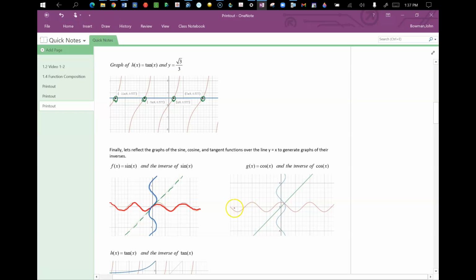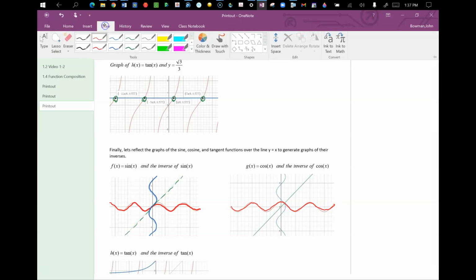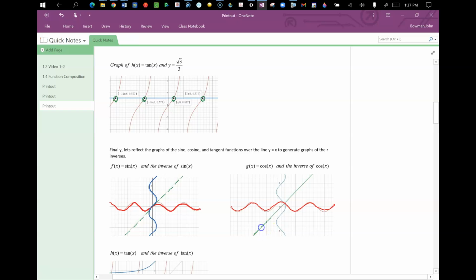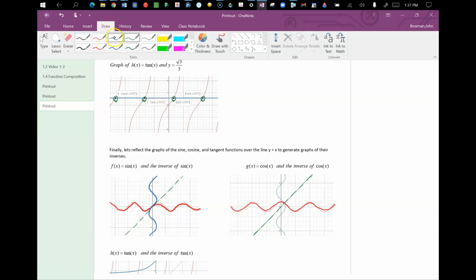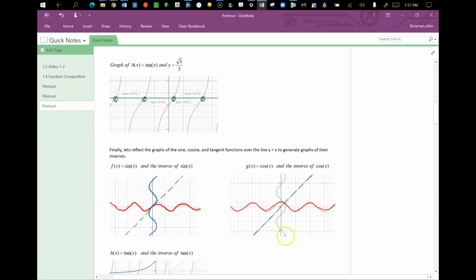If we trace out the cosine function in red, and then reflect that over the green line, y equals x, we will get the inverse of the cosine function.